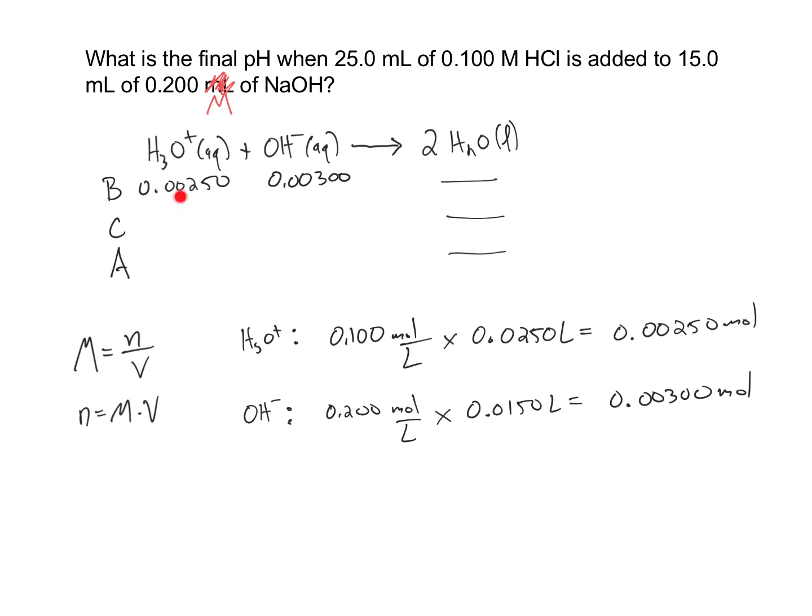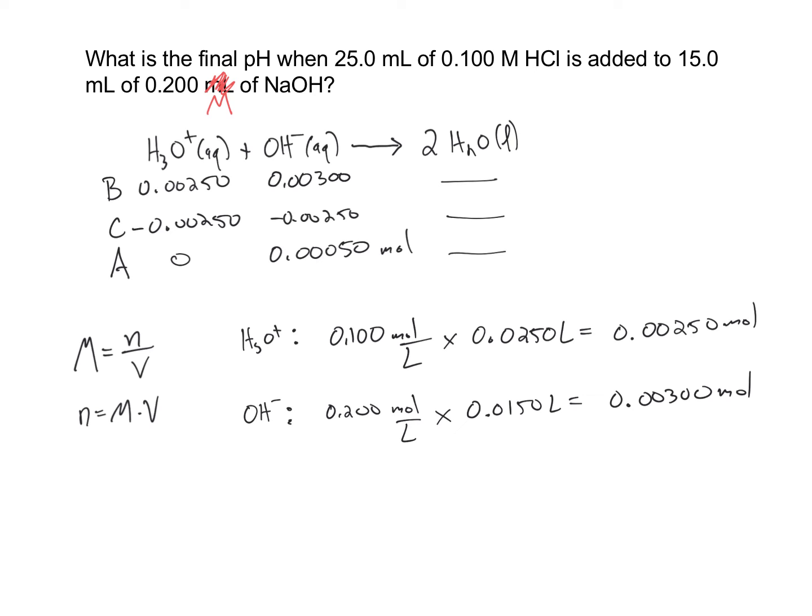And so I have less moles of hydronium ions, so they're going to run out first, and so that's going to determine what the change is for both the reactants. And so I'll be left with no hydronium ions and 0.0005, or 5 times 10 to the minus 4 moles of hydroxide ions.